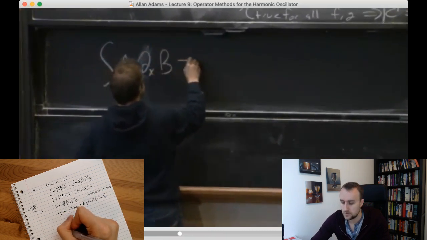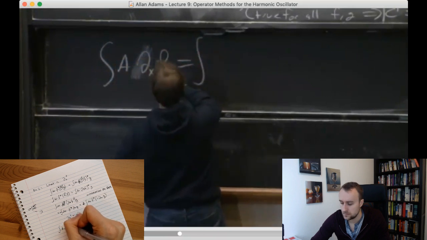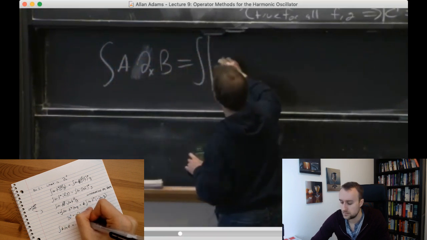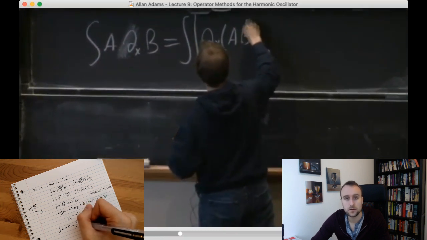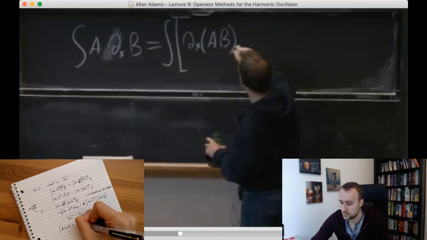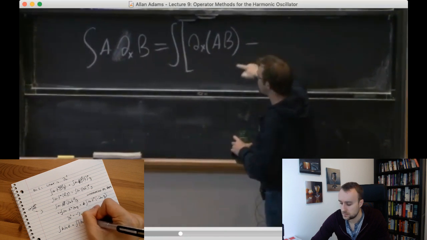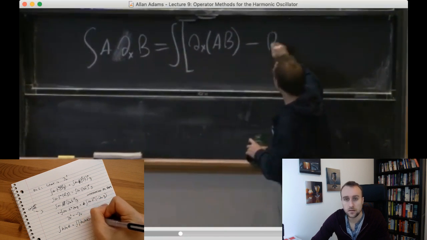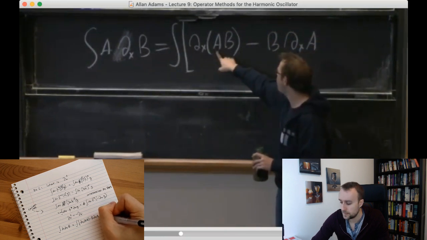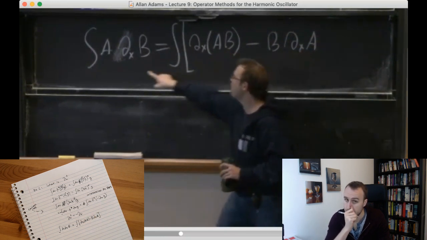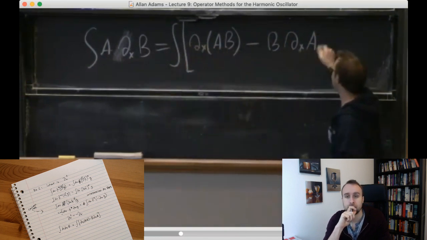Integration by parts says the integral of a dxb can be written as the derivative with respect to x of ab, minus b derivative with respect to x of a, right? Because this is a prime b plus b prime a. Here we have a b prime, so we just subtract off the appropriate term.